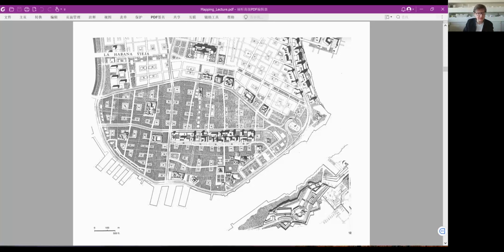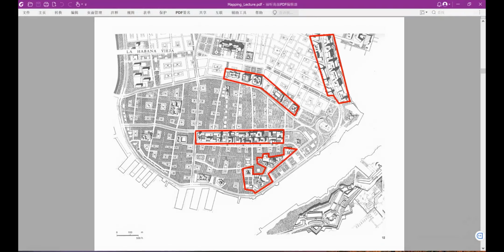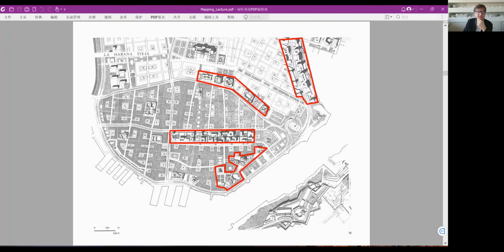So don't be distracted. Always try to see and understand the core of a drawing. As you can see here, this is the metaphysical pathos, the core of the drawing that the author wants to share with you.